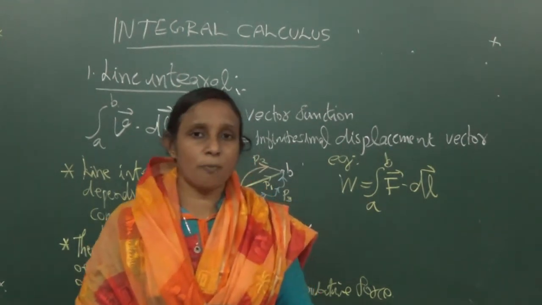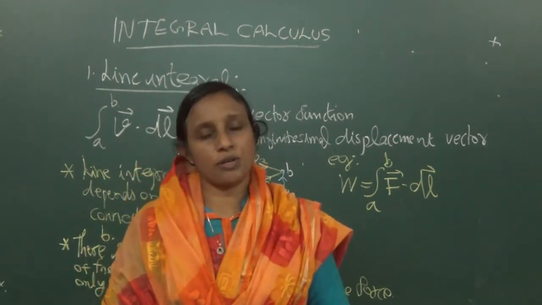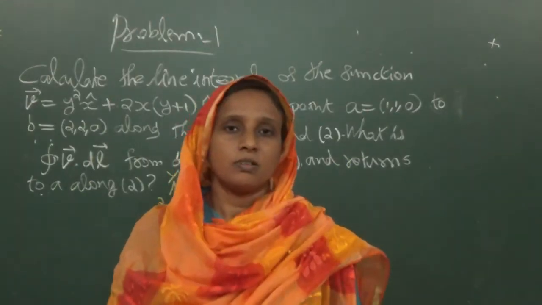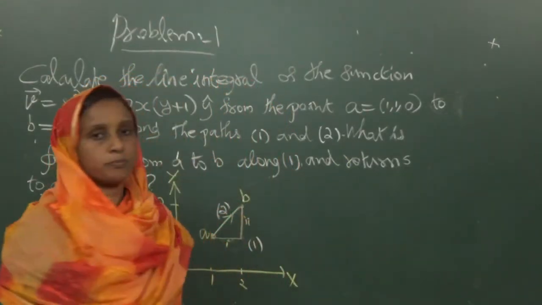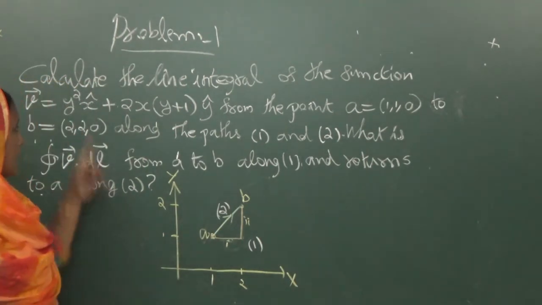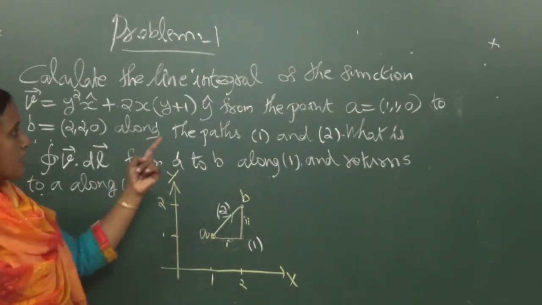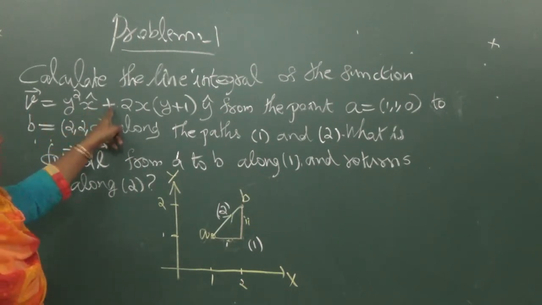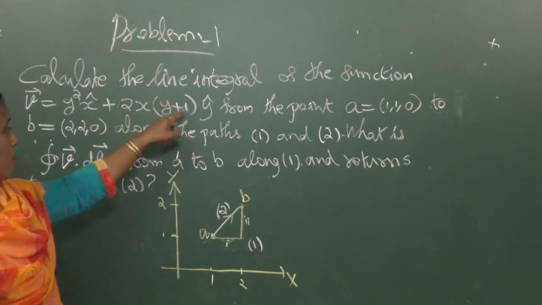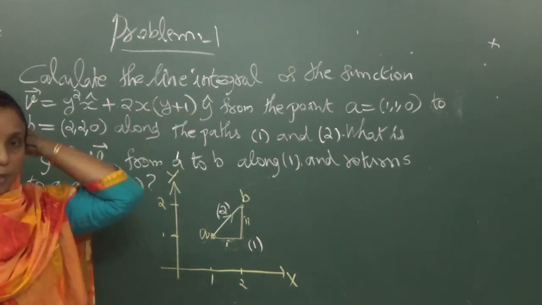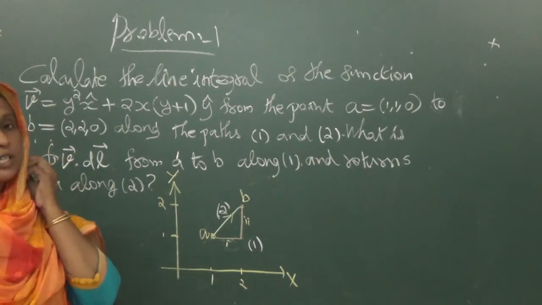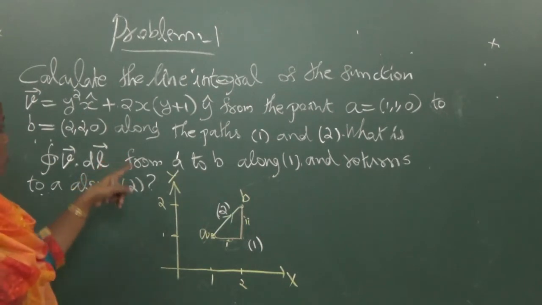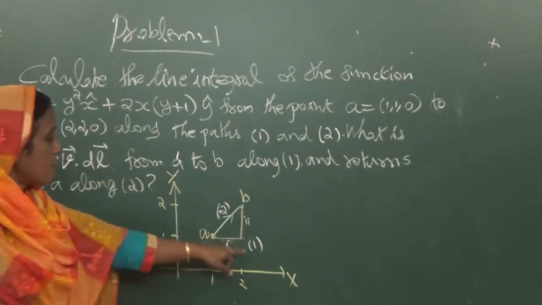Now we can do a problem to check how to evaluate this line integral. The problem is: calculate the line integral of the function v equal to y squared x cap plus (2xy plus 1) y cap, from the point a equal to (1, 1, 0) to b equal to (2, 2, 0), along paths 1 and 2.